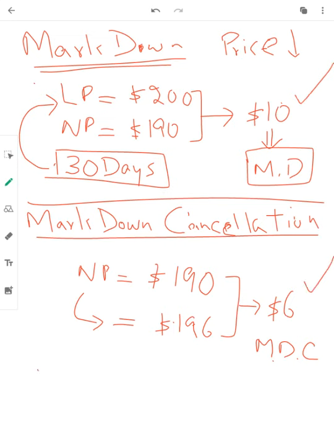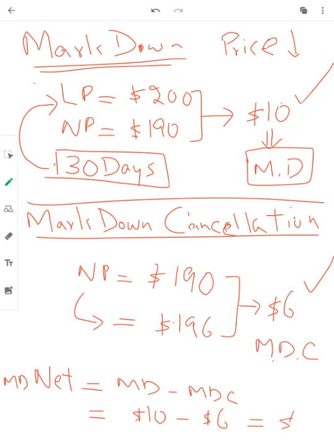If I want to calculate the net value of markdown, or markdown net, what is it? It's very simple. Markdown net is equal to the difference of the markdown and markdown cancellation, meaning markdown minus markdown cancellation. So what was my markdown? I decreased the price by $10 and then I increased it back by $6.